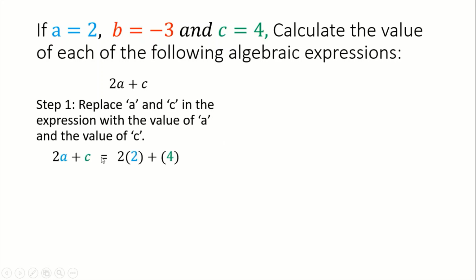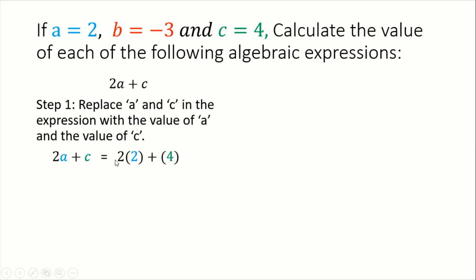So what you're going to do is to restate your expression. Note that there is a color code here for you to easily understand. Originally up here, we have A in blue, B in red, and C in green. So here we have 2A plus C.